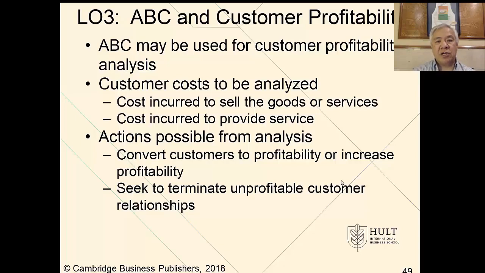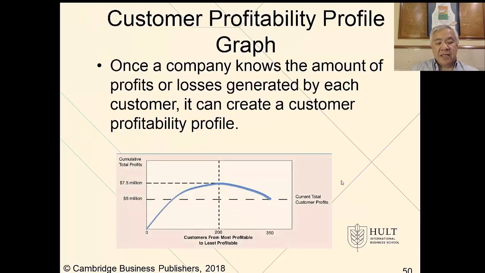This way we can then look at which customers make us money, which ones may make us little or no money, or worst case still, which customers may actually cost us money. And the idea is that if we could know all this data, we could array all our customers along a vertical axis of cumulative profit and horizontal axis of the customers from most profitable to least.